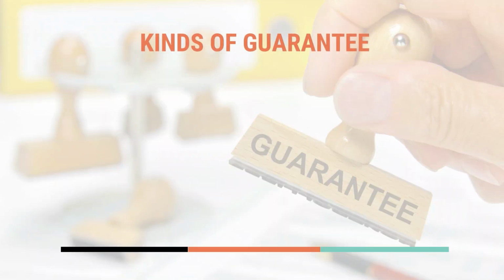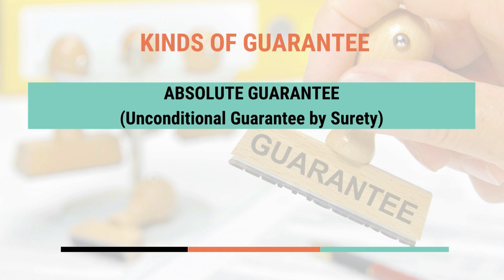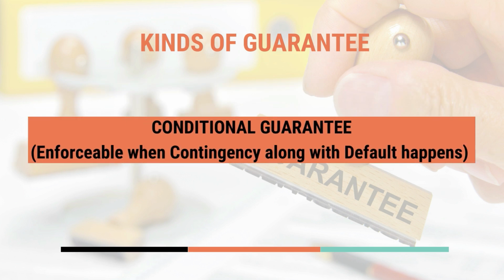One, absolute guarantee. That means surety is giving a guarantee without any stipulation, without any condition, without any attachment. Absolute is, I will make the payment if debtor defaults. So there is no stipulation attached. Second is conditional guarantee.